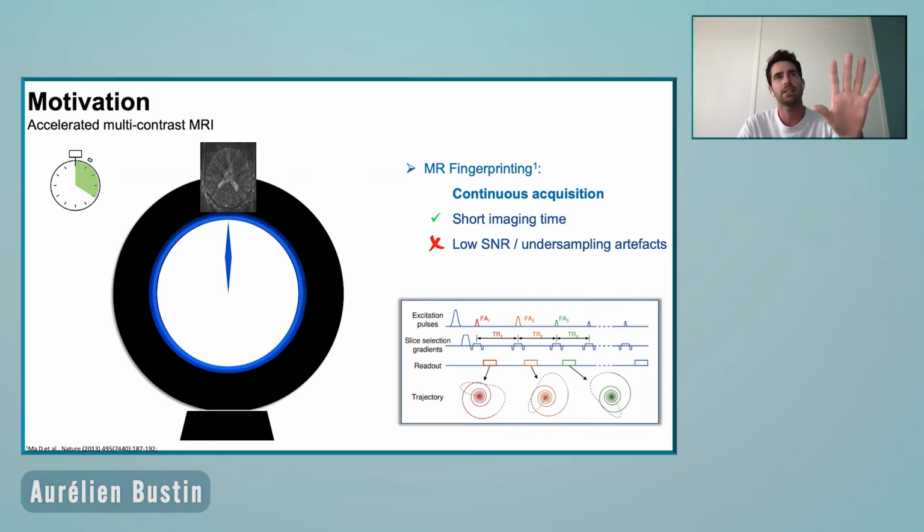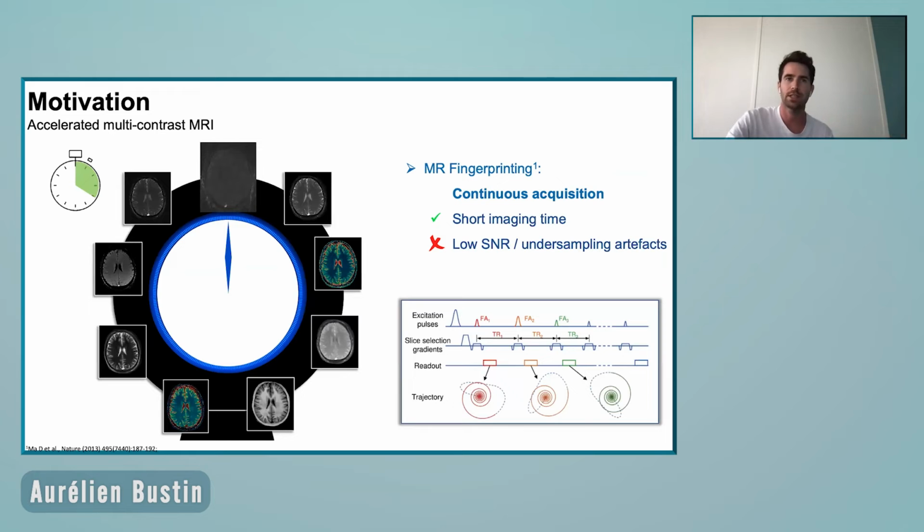The idea is that even though the images we collect are highly undersampled, and here I'm not talking about an acceleration factor of 2 or 3, but more like 100 or 200, these are the typical images you will get with fingerprinting experiments. But since we know the physics behind this sequence, we can use advanced tools such as dictionary matching to recover the images.